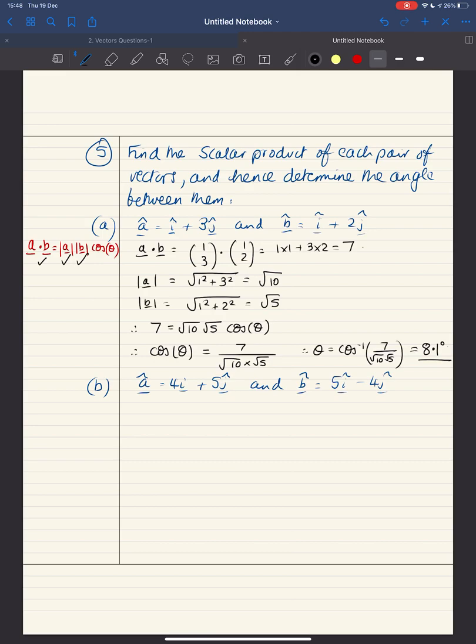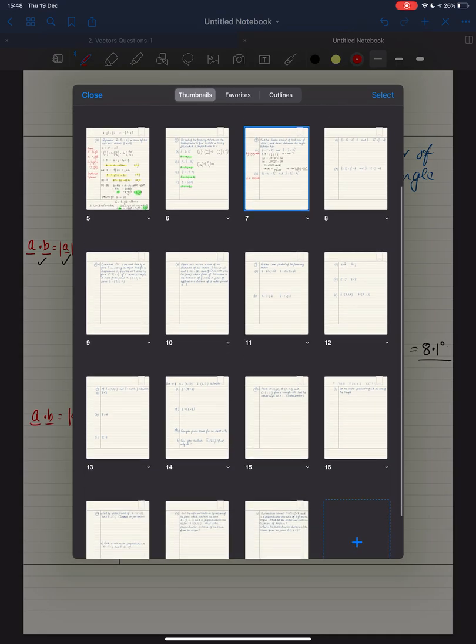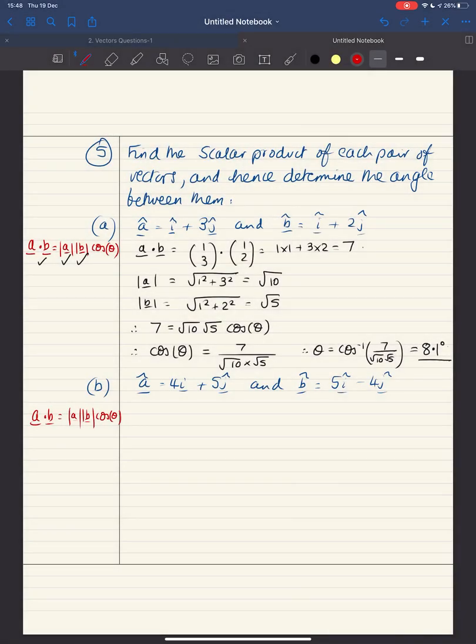In degrees, 8.1. Good. So again with this one, A dot B, size of A, size of B, cos of the angle between them. You can use radians as well. 19 pages, just seeing which page I'm up to, but anyway.